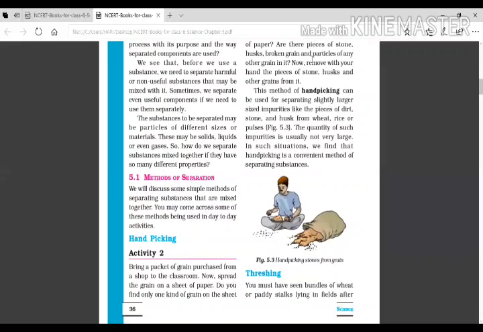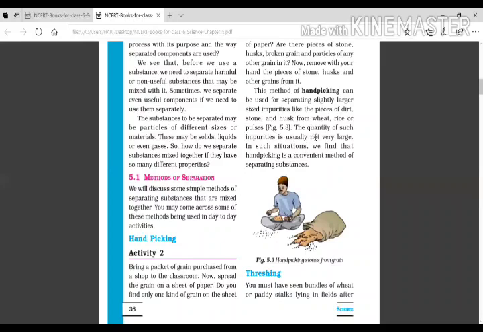Here, all these things mentioned, like stones or husk, are in solid state and they are slightly larger in size. Right? And this method of hand picking can be used to separate slightly larger solid particles like stone, husk, etc. from the wheat or grains. And here the quantity of the impurities, that means the waste things which we have to separate, should be less.